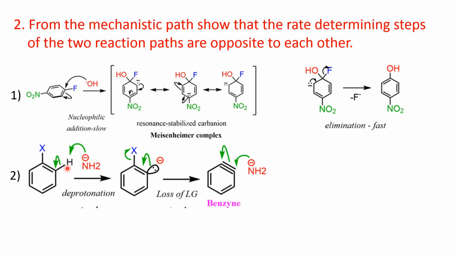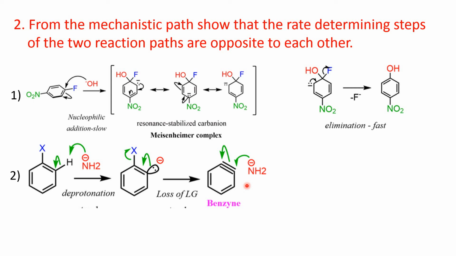The hydrogen atom attached to this beta carbon atom is taken up by the nucleophile, and then this carbanion is formed, and then this carbanion forms a benzyne intermediate, and the leaving group leaves. So this is the rate determining step, which consists of deprotonation and then the loss of leaving group.